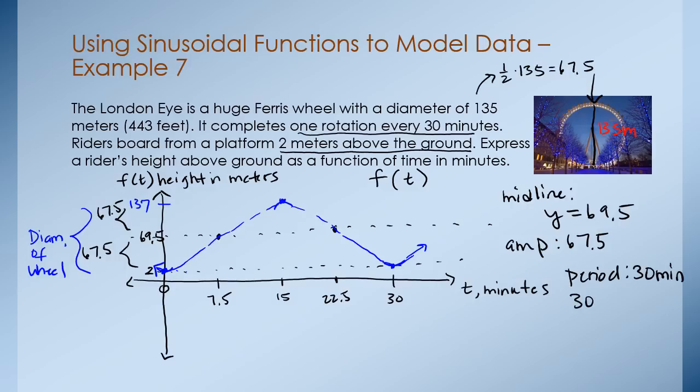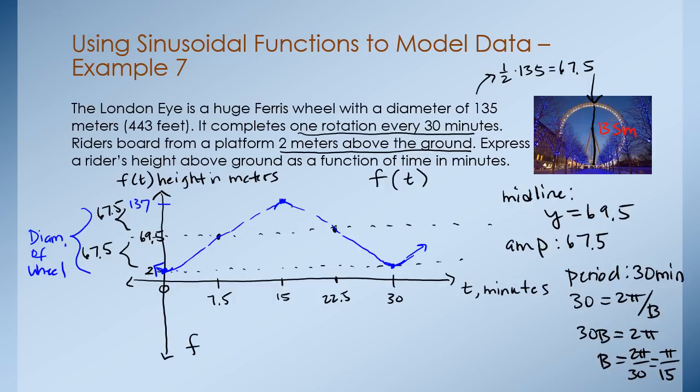But remember that the period is 2 pi over b. So if I cross multiply, I'm going to get b is equal to 2 pi over 30, which is pi over 15. And if I use a cosine curve, I don't think I have to worry about a horizontal shift.